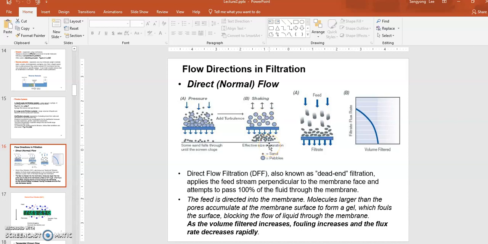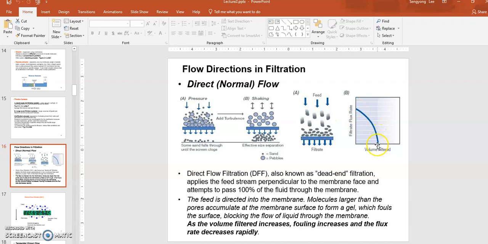But there's a problem. The problem is, as with the coffee filter you use in the morning, you clog the filter very quickly. Okay, so if you look at the flux rate and volume filtered, as soon as you filter some volume, the flow rate will stop, because you have a lot of this fouling effect. The fouling is blocking the passageway, so you have dead end filtration.